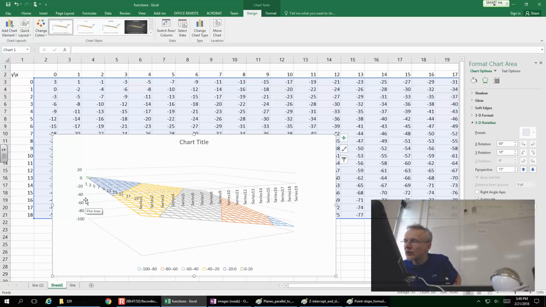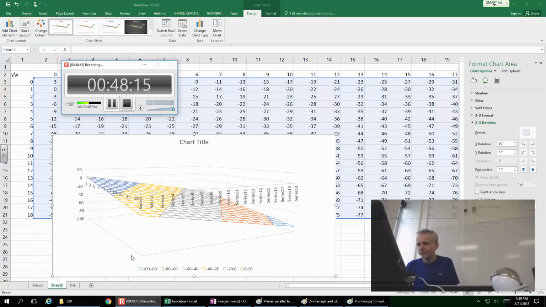So 20 and 60 gives me slope -3. Remember that was the formula: the y slope is -3. All right, I'll assign homework later today.